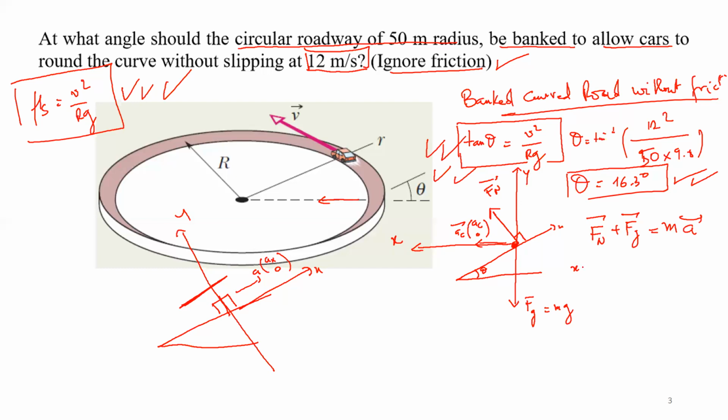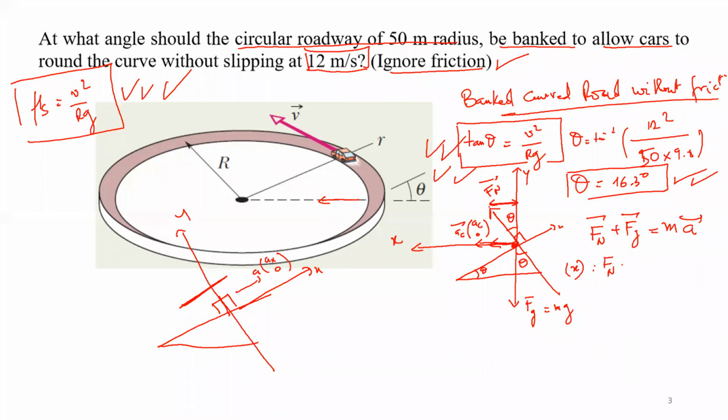Now let me project it along x. Along x, what is the normal force along x? The normal force along x is this component here. Of course, if this is theta, the same theta is coming back here, and the same theta is coming back here. So the normal force along x is just this component here along x. It will be what?